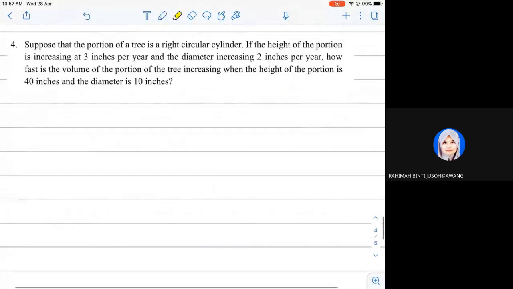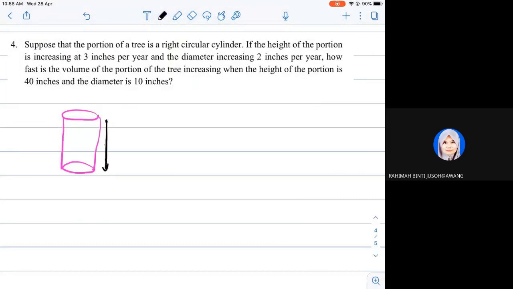Okay, let's read this question. Question number 4. Normally guys, in the final exam, your question will be something like this. It will be in the form of problem solving. So you have to read carefully. Okay. So we have a portion of a tree in right circular cylinder shape. So let's say we have a cylinder. The cylinder looks like this. And then we have height. Okay, so this is the height H. And then the diameter.